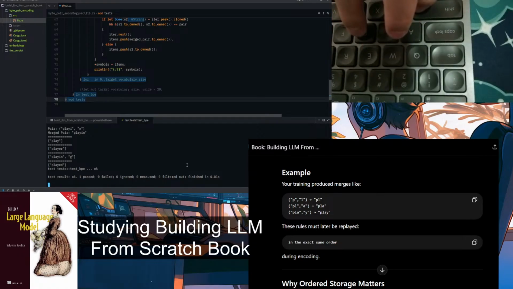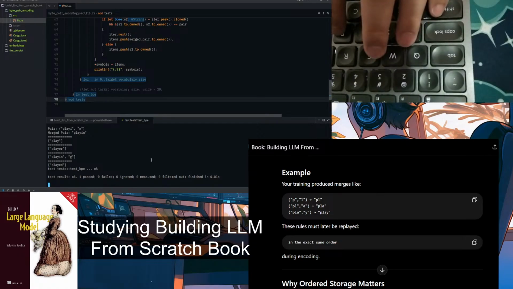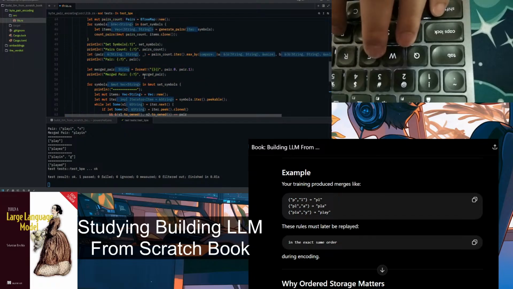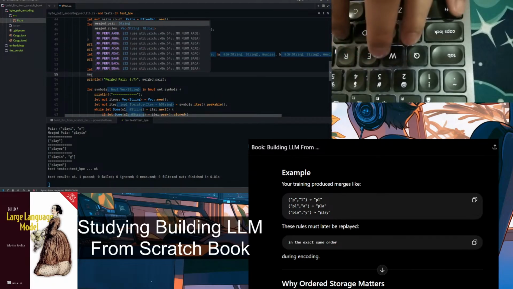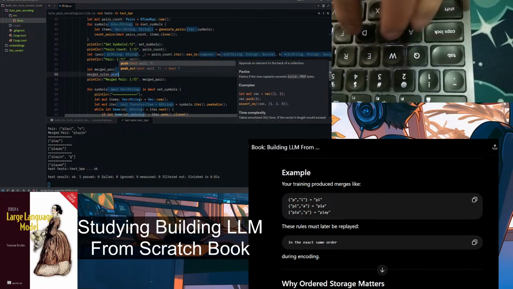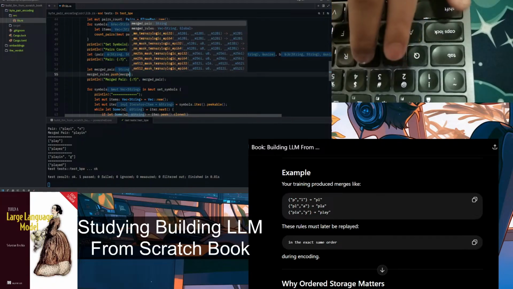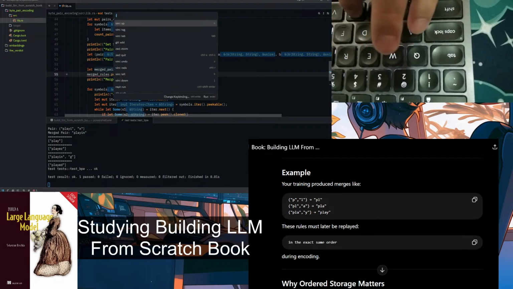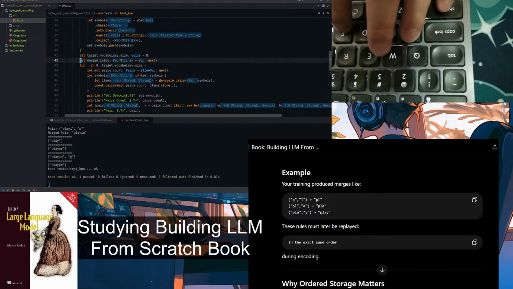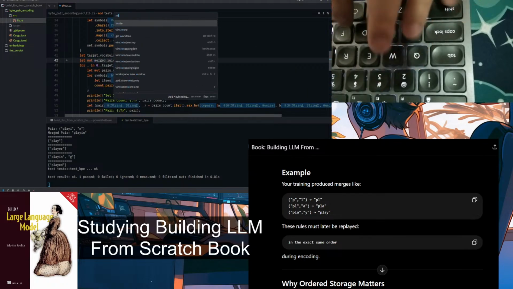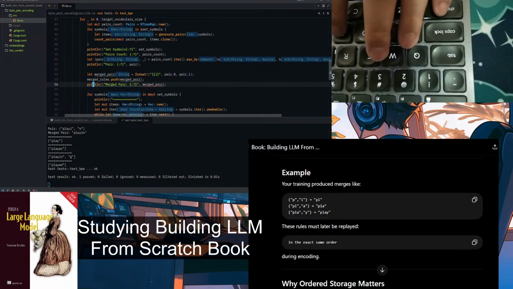Okay, so here. So merge values. Okay, this is the pair that I am going to merge. So merge rules is push merge pair string. I think I will have a borrow checker violation here because I already stored it here.